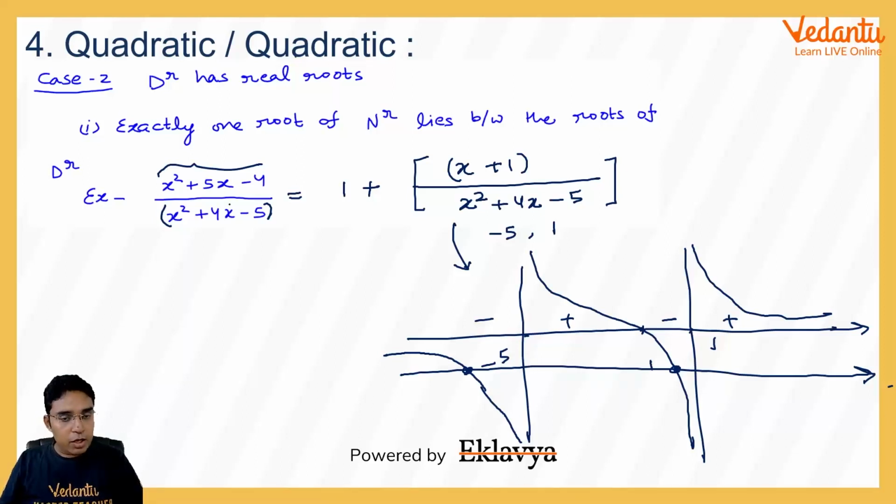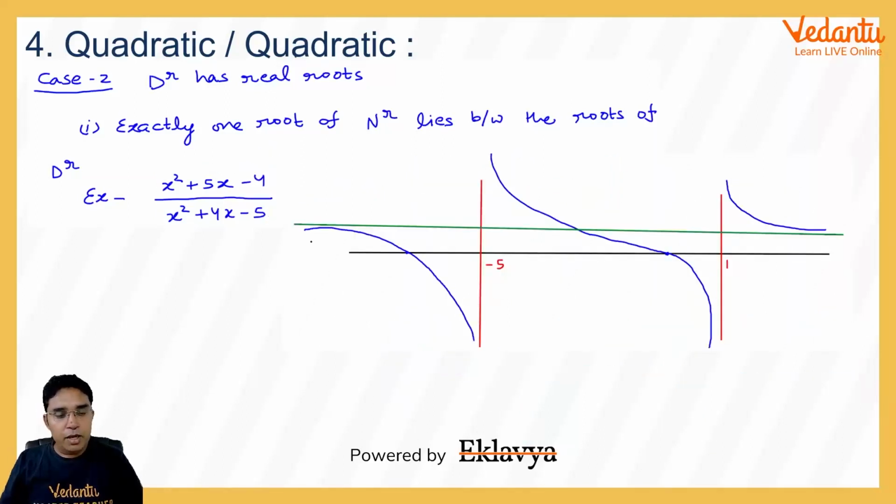So whenever your quadratic is such that exactly one root of the numerator is lying between the two roots of the denominator, your graph will be like this. It will be strictly decreasing always or strictly increasing, depending upon the relative signs of the coefficients.